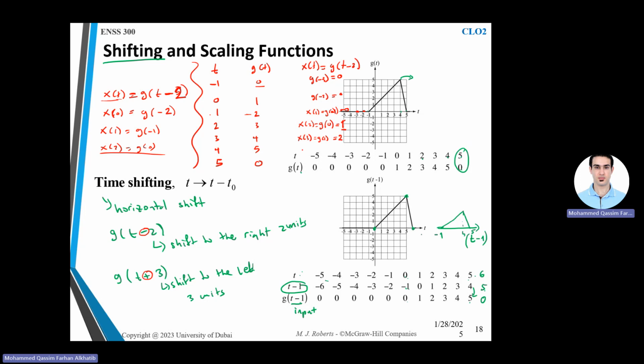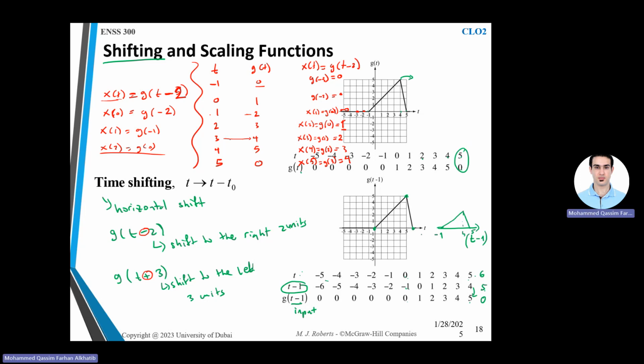I have 2. X of 4, g of 2. What was the value of g when t was 2? 3. Okay, x of 5 equals g of 3. How much? 4.